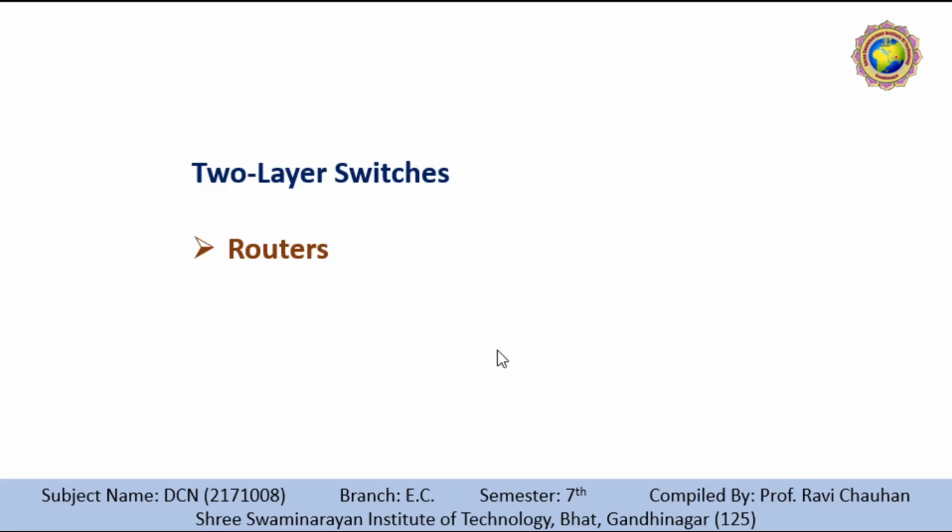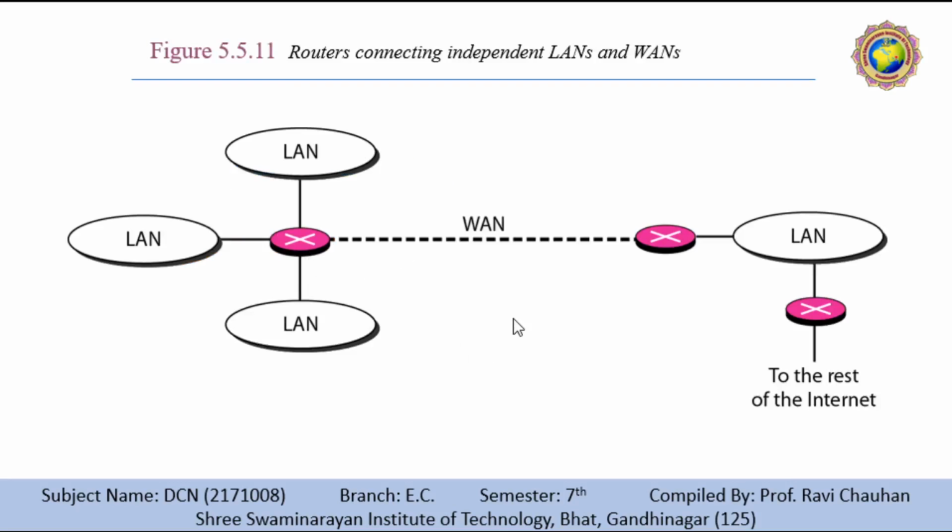A router is a three-layer device that routes packets based on their logical address, host-to-host addressing. A router normally connects LANs and WANs to the internet, and it has a routing table that is used for making decisions about the route.